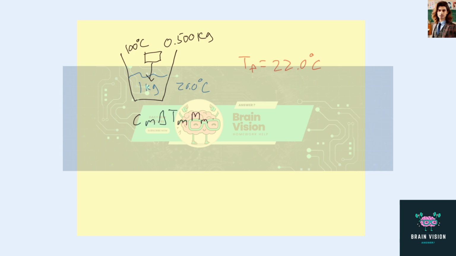So this should be equal to the heat gained by the water. So that's going to be Cw times the change in temperature of the water, delta Tw, times the mass of the water, m sub w. I'm also going to add a negative sign over on the left side here to say that it's the heat lost by the water.